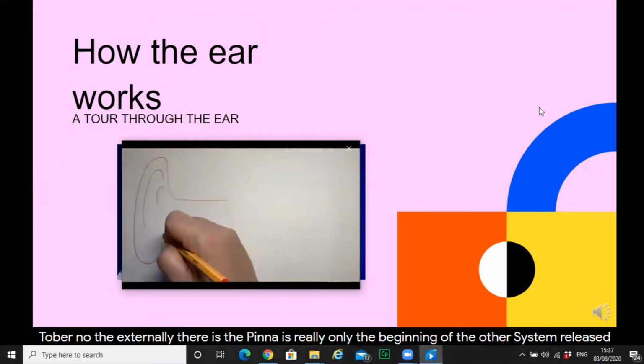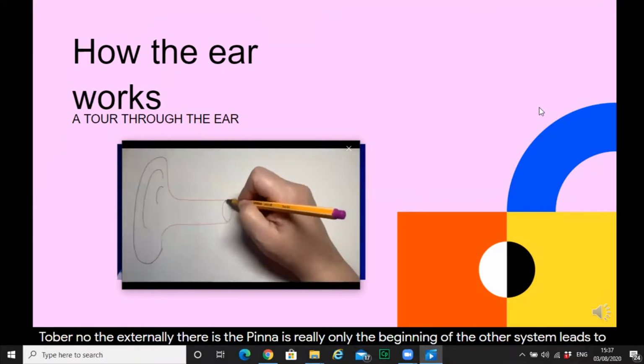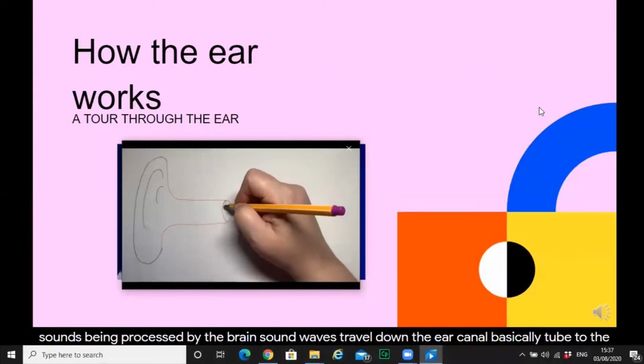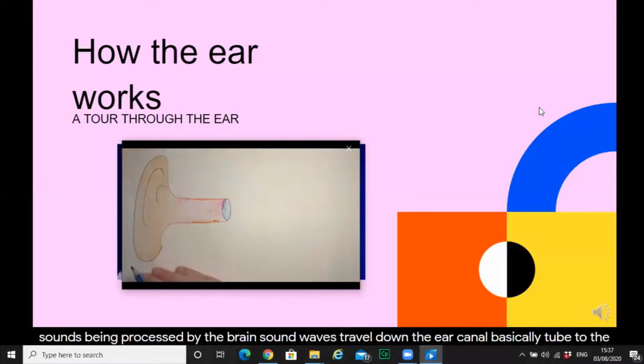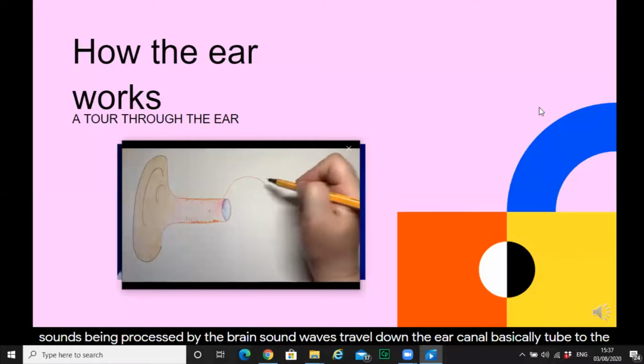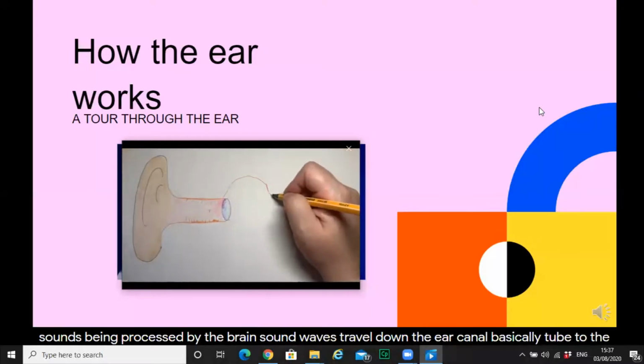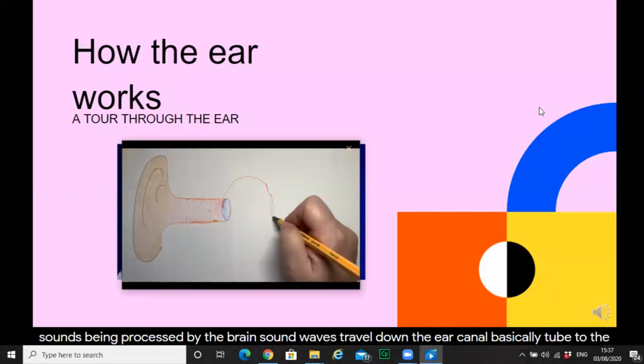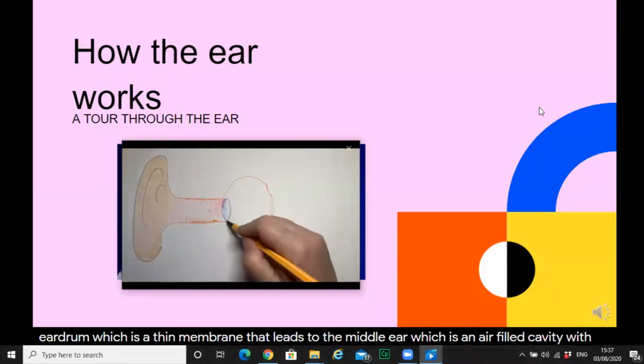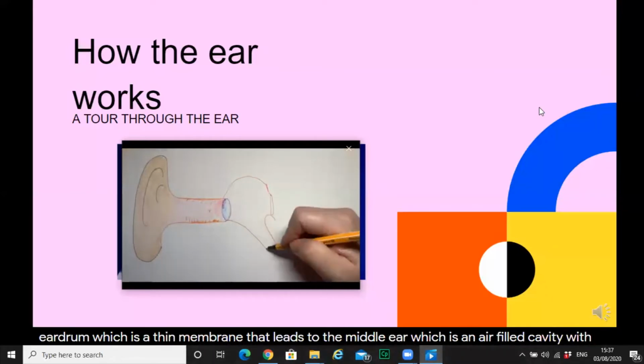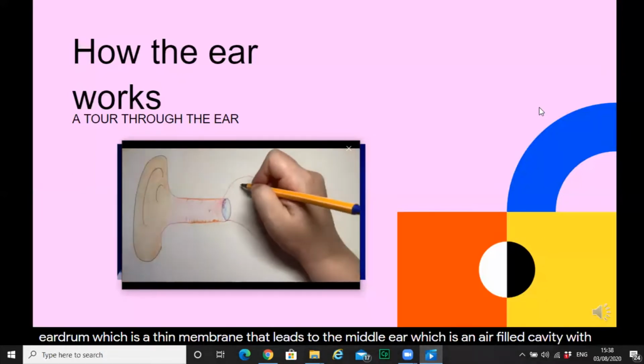Sound waves travel down the ear canal, basically the tube, to the eardrum, which is a thin membrane. That leads to the middle ear, which is an air-filled cavity with the oval window and vented by the eustachian tube, which is a passage going from the back of the ear to the back of the throat.